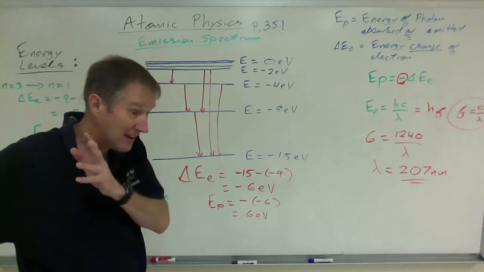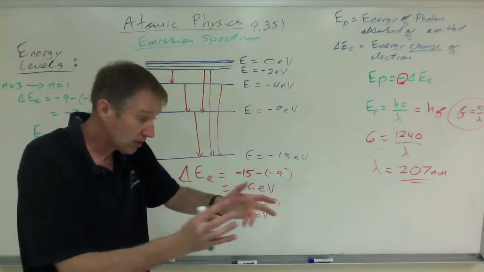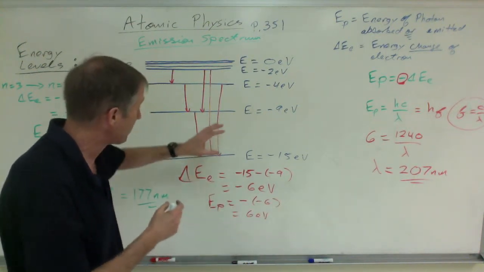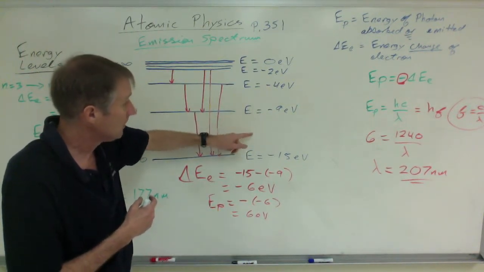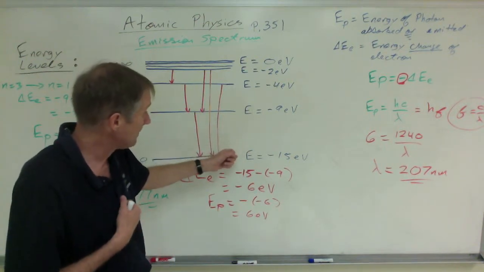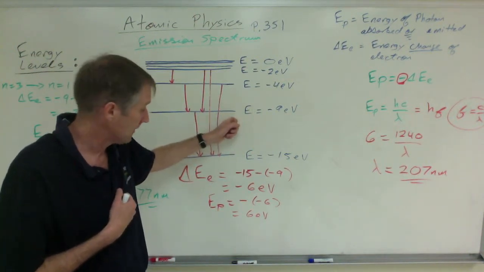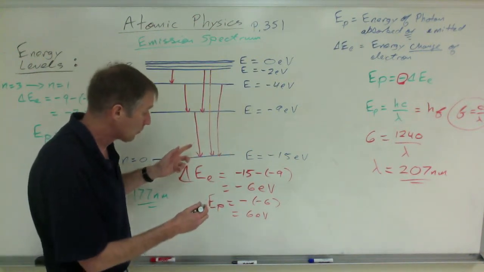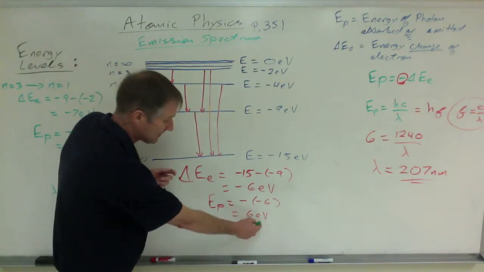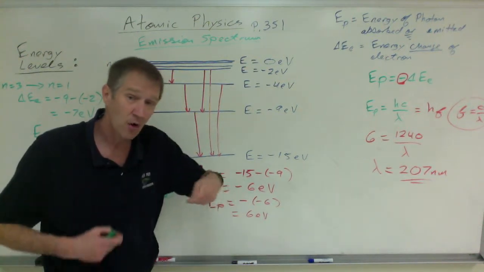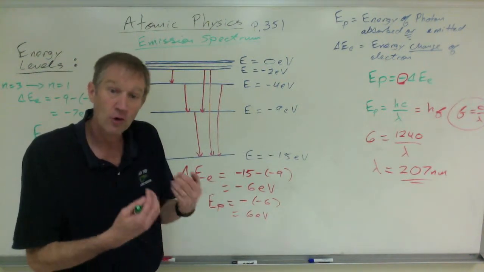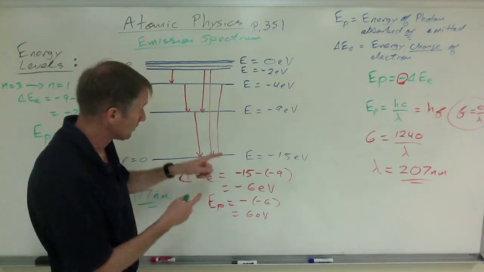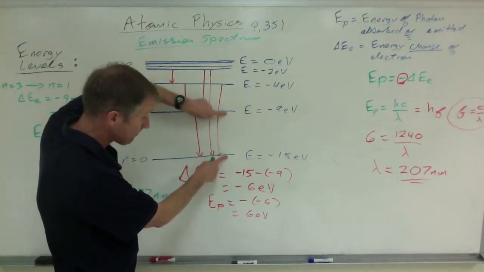You are passing white light through, and most of the light passes through except for the photons that have the same energy as the energy differences here. Those are absorbed, kicking the electrons up to a higher state. So if you pass white light through and you have a photon that's at 6 electron volts, that's not going to make it through the gas, because that chemical is going to absorb 6 electron volts, because that's from here to here.